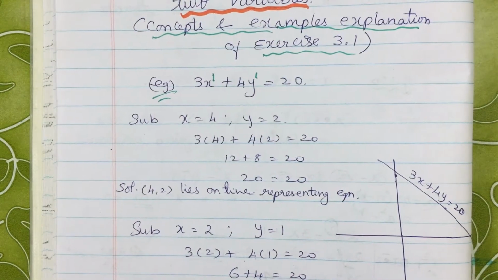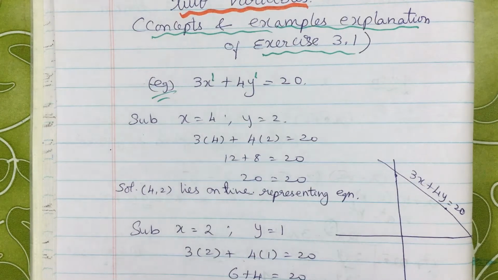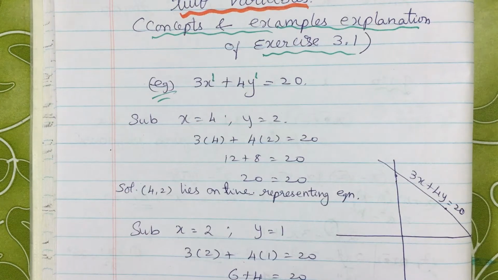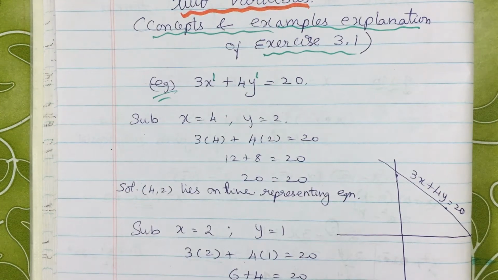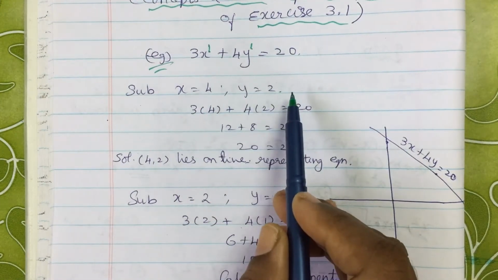So in a given equation, if you observe the degree of the variable as 1, then you can call that particular equation a linear equation. Since this equation is in two variables, you can call the given equation a linear equation in two variables. Okay, so here I have substituted x equal to 4 and y equal to 2.